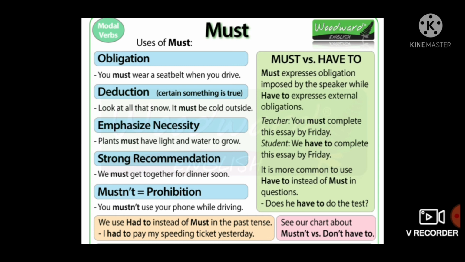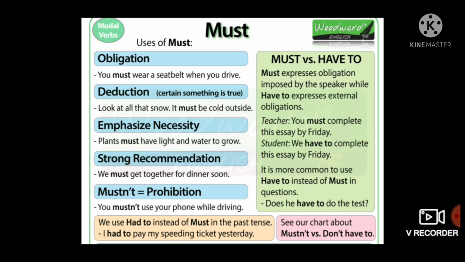That is their obligation. It is more common to use have to instead of must in questions. Most of the time, sometimes we have to use that for making the question form.